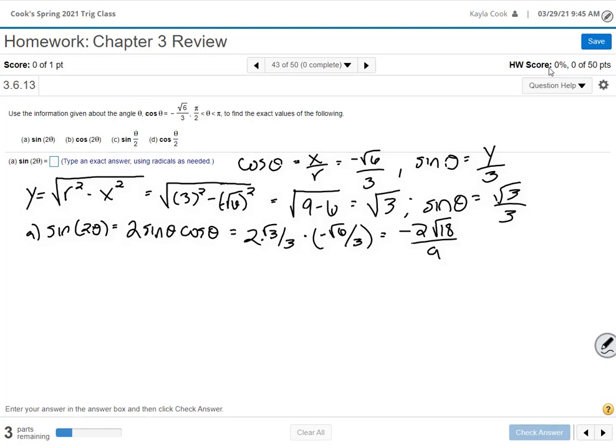So to do that, I can break 18 down into not 3 times 6 necessarily, but maybe 2 times 9. Okay, because the square root of 9 is 3. So 9 is a perfect square.